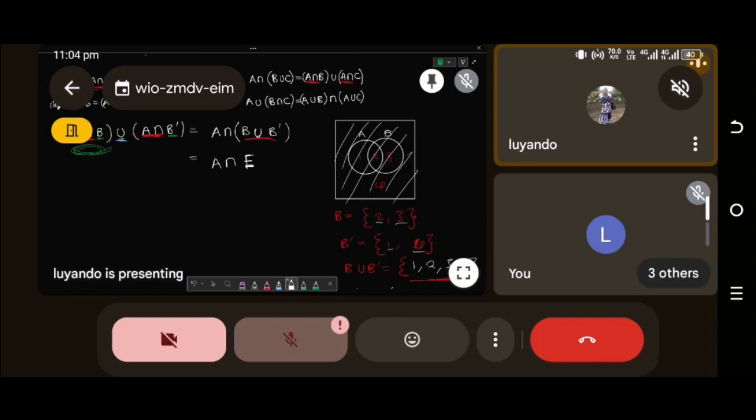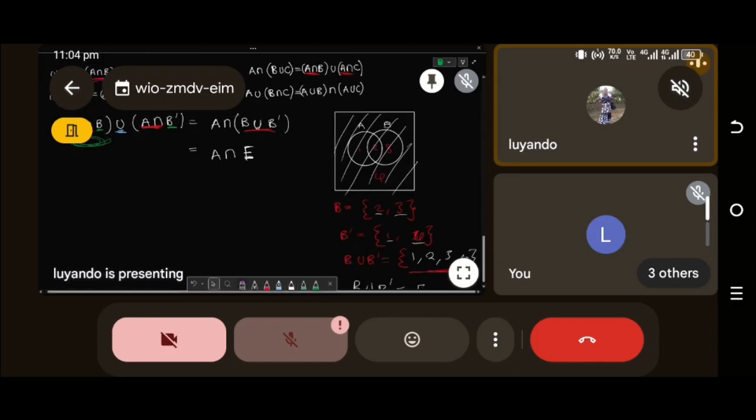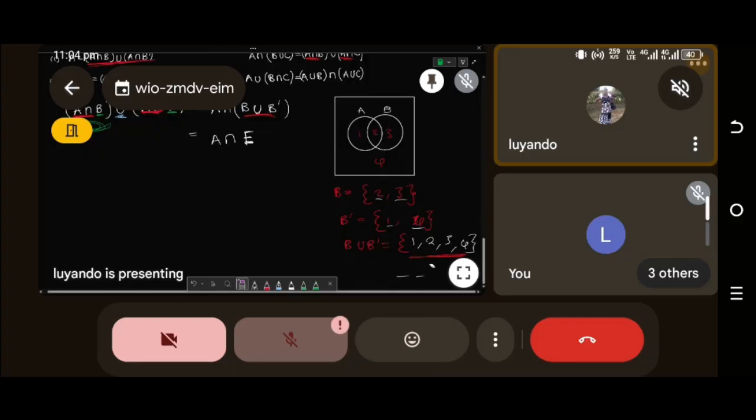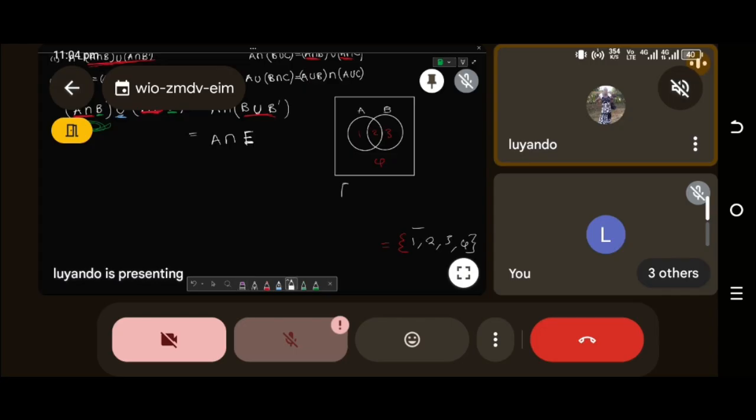Now if we go back to our Venn diagram that I've written for illustrative purposes, the universal set, denoted by capital letter E, is equal to 1, 2, 3, and 4. It has these elements.